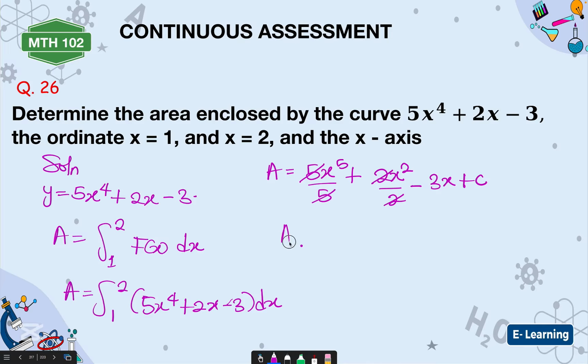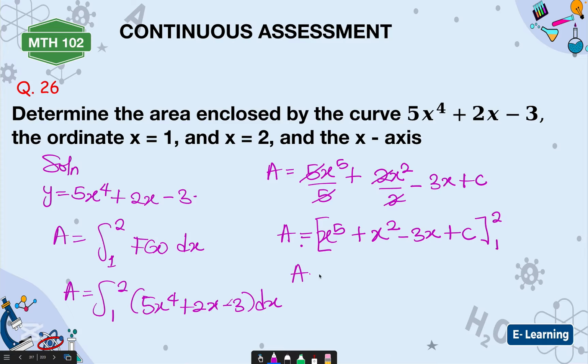Your A is x^5 + x^2 - 3x + c. Is that okay? That is our area. Now, it has the upper limit and the lower limit. Upper boundary is 2, lower is 1.